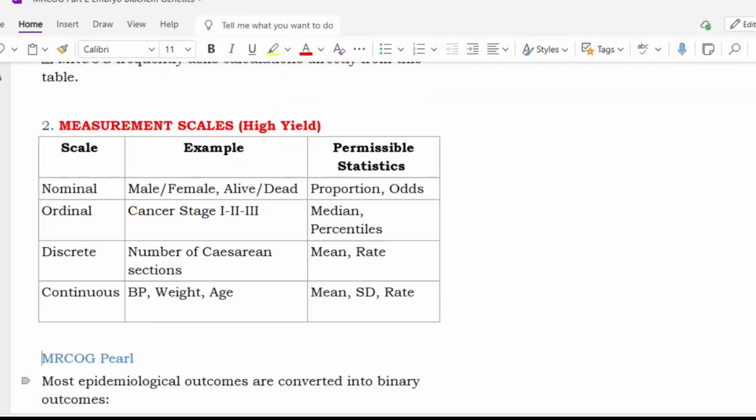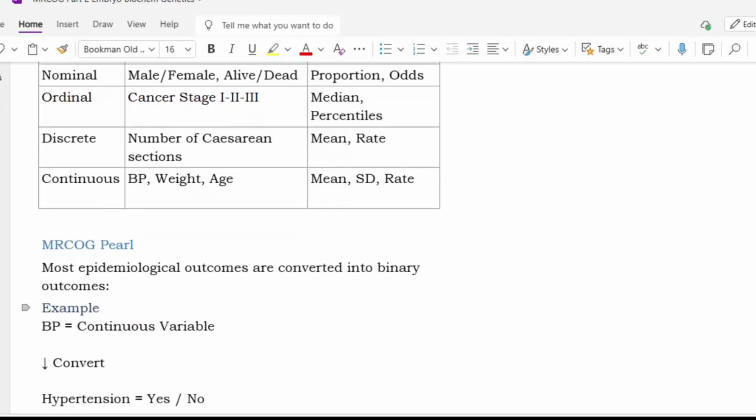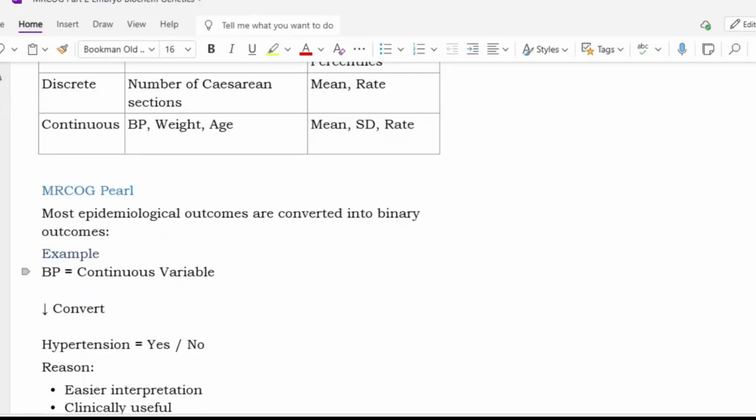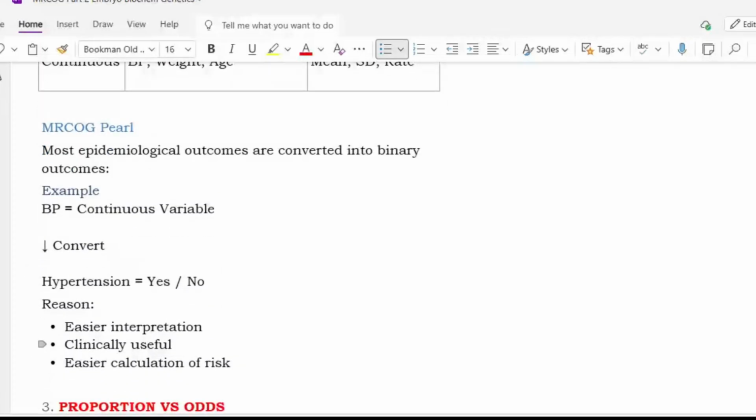Most of the epidemiological outcomes are converted into binary outcomes. For example, blood pressure is a continuous variable, but that can be converted into a categorical variable, that is hypertension, which is present, yes or no. So here the continuous variable is converted into a binary, or categorical, variable, because we get the category: hypertension is either yes or no. Why?